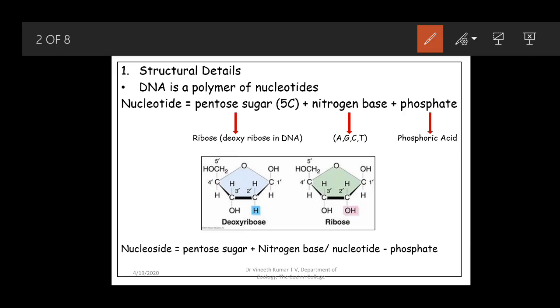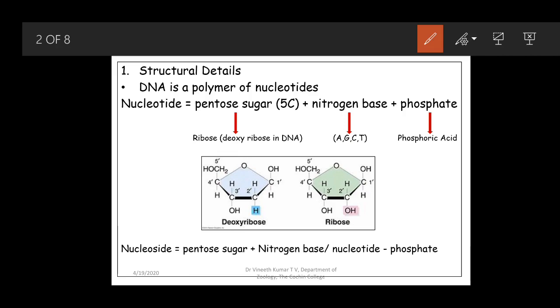Here the pentose sugar is usually a ribose sugar, a 5-carbon ribose, and in the case of DNA it is deoxyribose and normal ribose in the case of RNA. The nitrogen base: four different nitrogen bases can be seen in DNA.